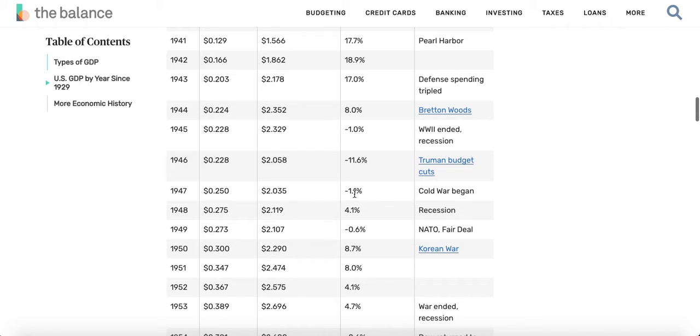So the US nowadays is dependent on war, not for growth, but for resource-related control. That's a different topic altogether.